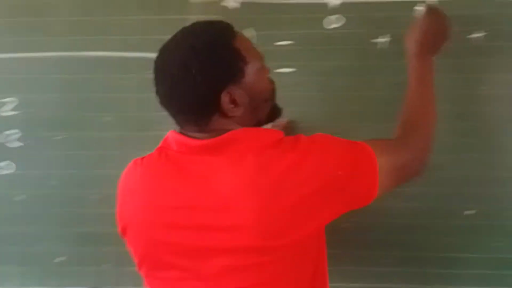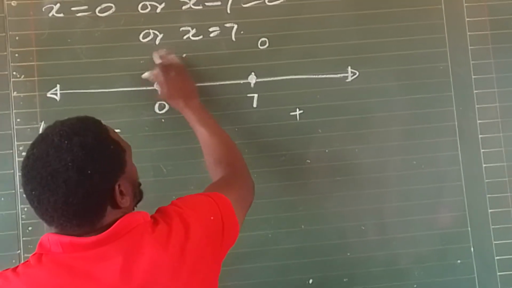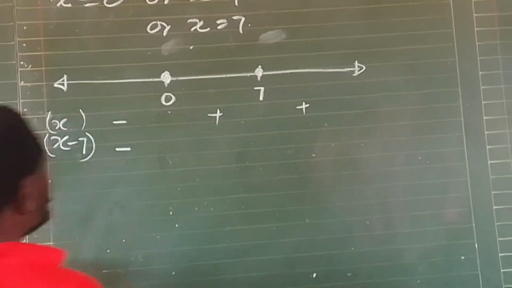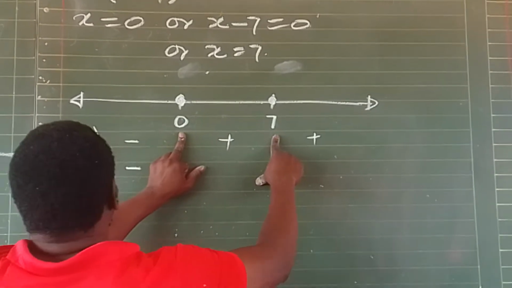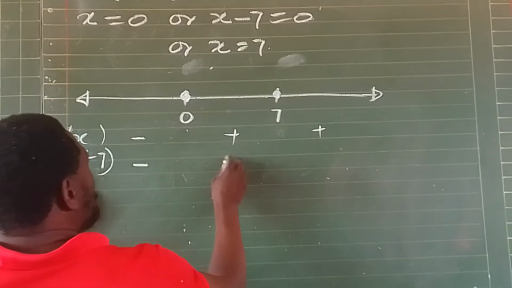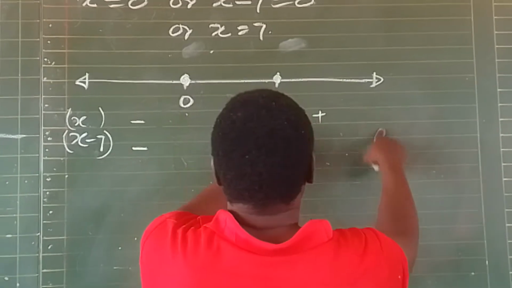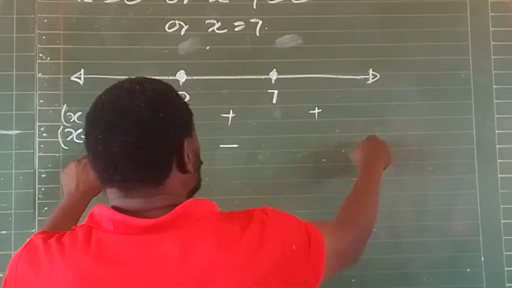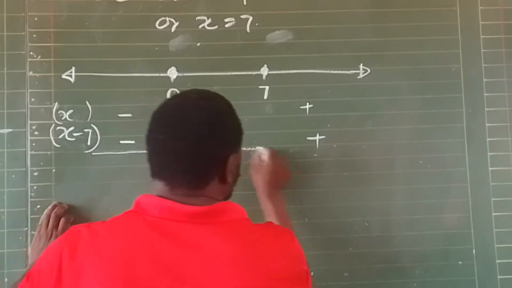Now you shade the dot. It's no longer open like this, right? Then you take any number between 0 and 7, say for instance 1. 1 minus 7 is minus 6. You take any number greater than 7, which is 8. 8 minus 7 is 1. The 1 is positive. Then you draw your line.